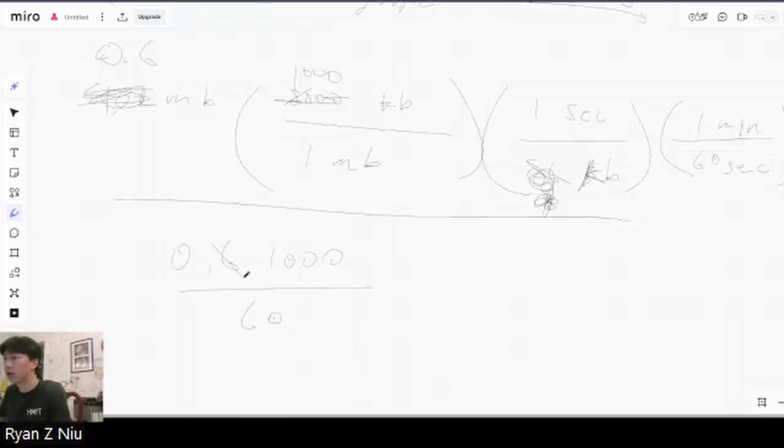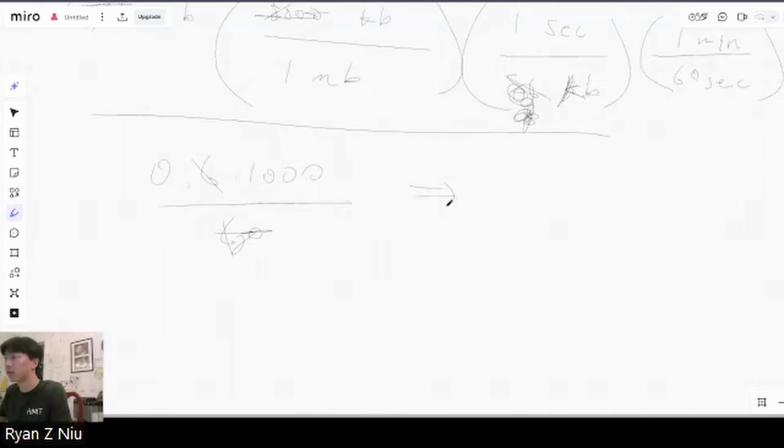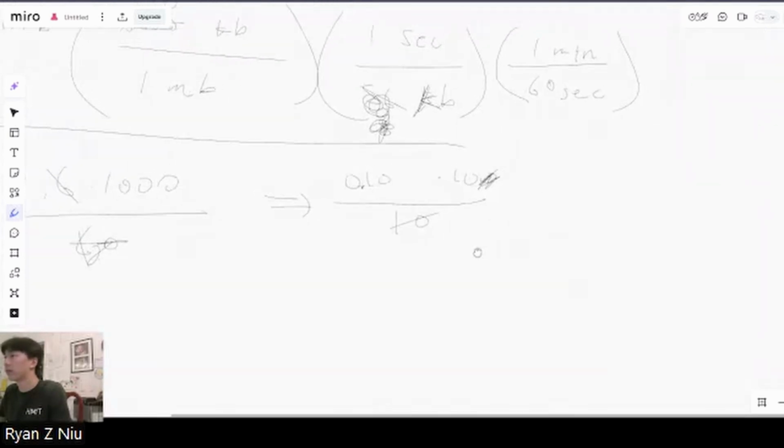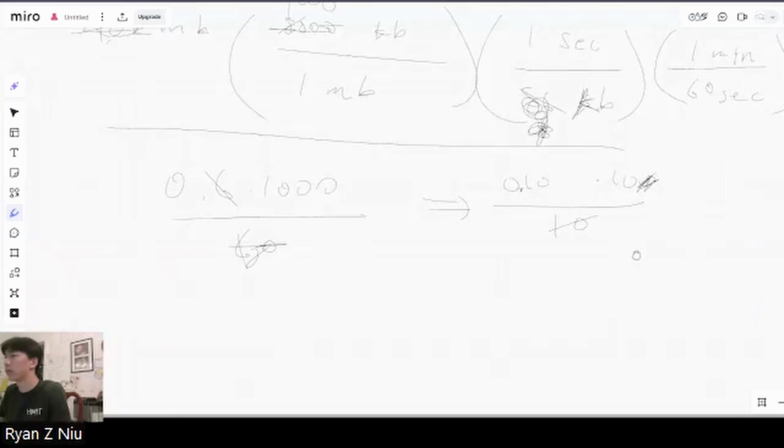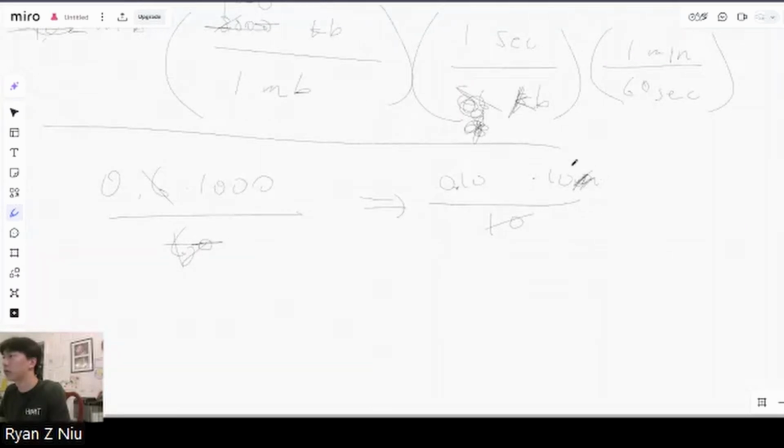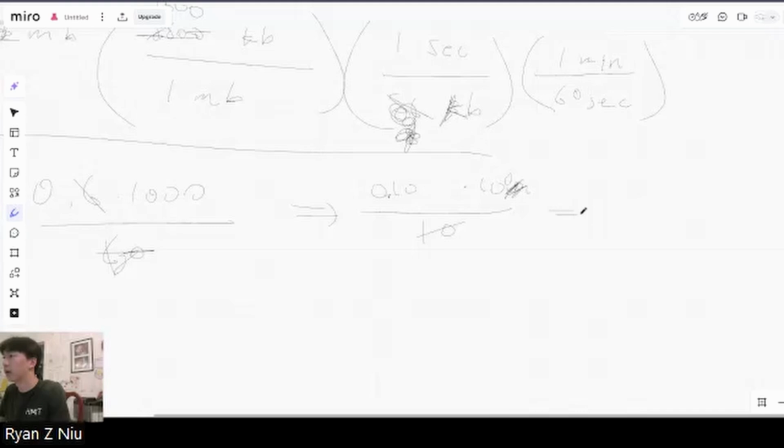So we cancel out the 6. So we have 0.10, same thing, times 1,000 over 10. And we cancel out a 10. Oh, this should be another 0 here. And then this should give us 10 minutes. Does that make sense?